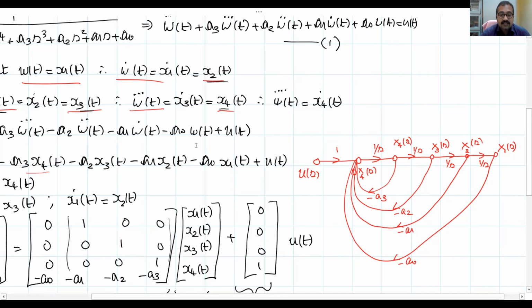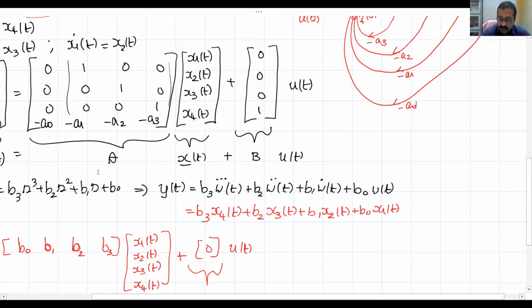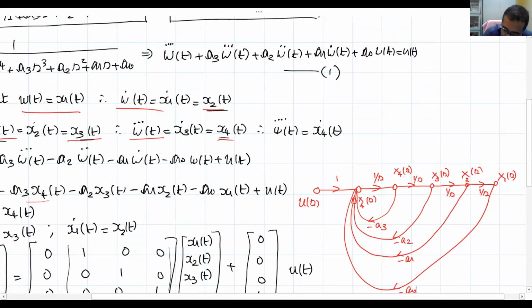Now what next? The last one. What is that? y equals b naught x1 plus like that. Let me write here for convenience. y equals b naught x1 plus b1 x2 plus b2 x3 plus b3 x4.